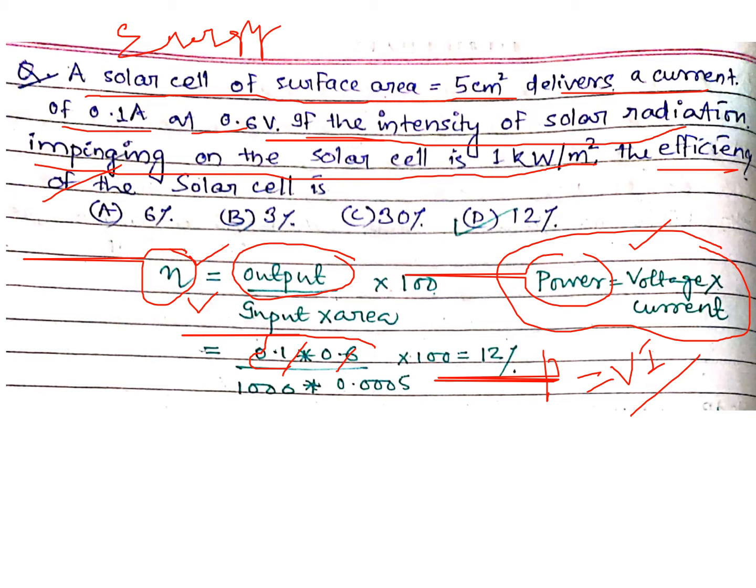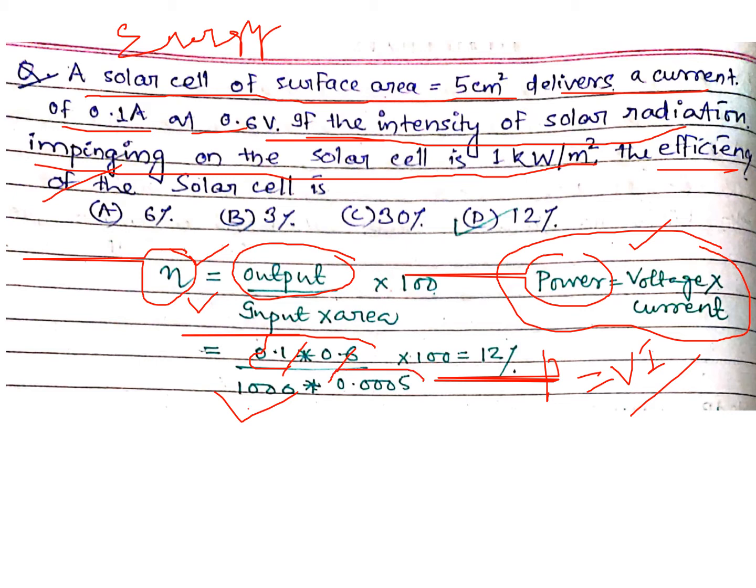Here I have written 0.1 ampere as current and 0.6 volt as voltage, divided by the input solar radiation, that is 1 kilowatt per meter square, but we have to convert it into watt. So we write 1000 watt into the solar cell surface area, that is 5 centimeter square, which we also convert into meter square, so that we will get the answer.